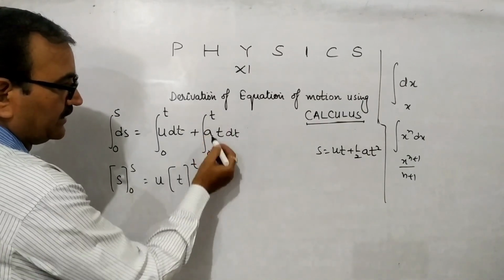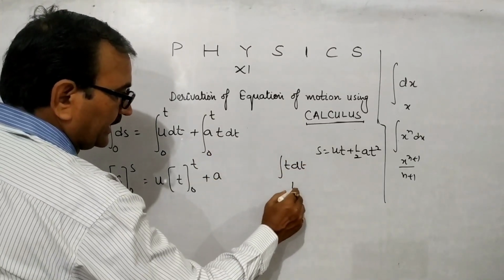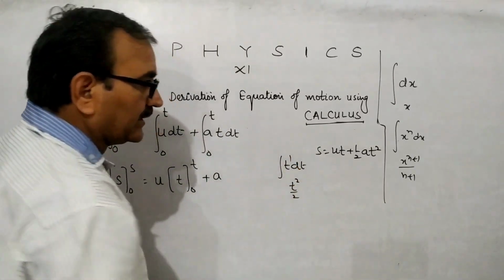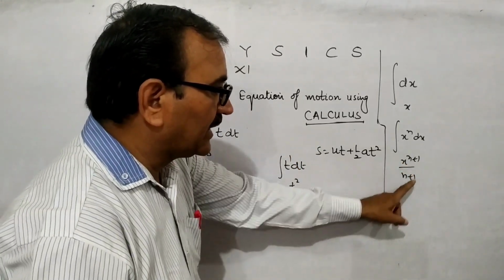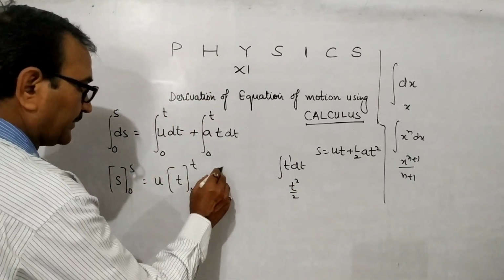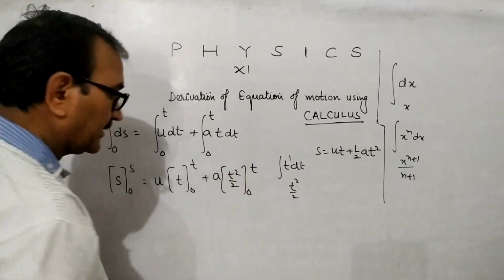So integration t dt can be written as t square by 2. Just like here power is 1 and using the formula n plus 1 upon n plus 1, that is 1 plus 1 upon 1 plus 1. So this becomes t square by 2 and limit 0 to t.